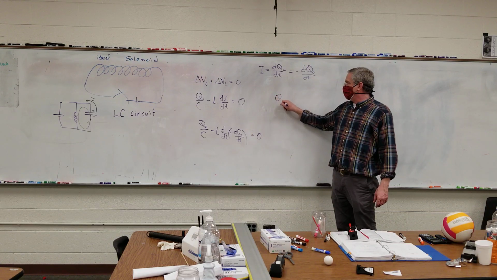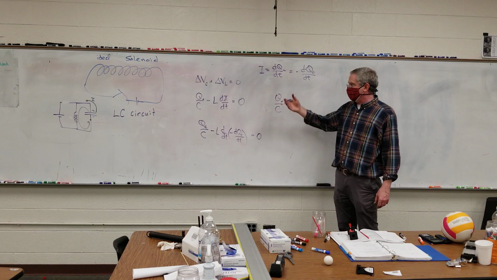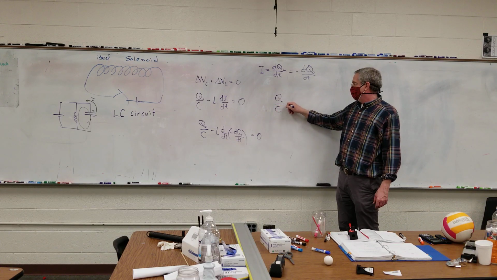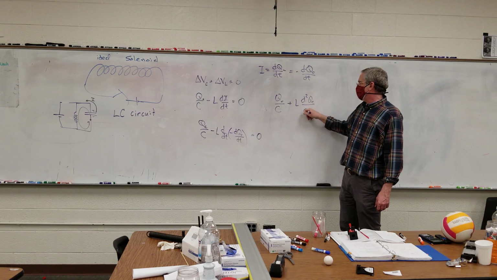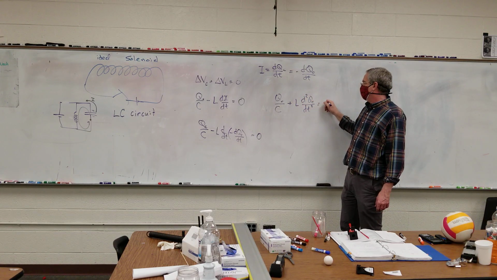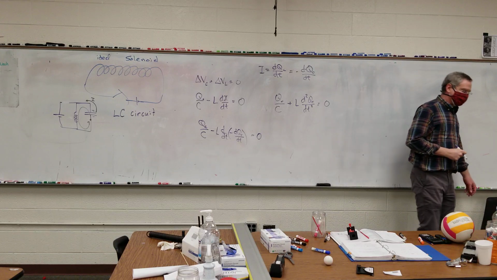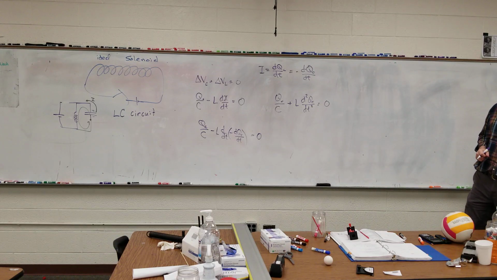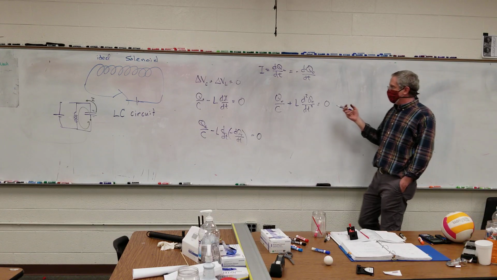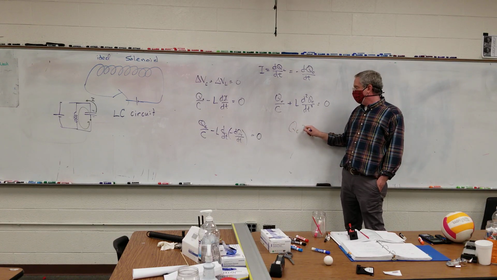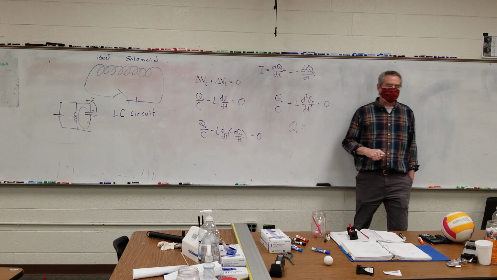And so I have this Q over C, divided by my capacitance, plus L d squared Q/dt squared is equal to 0. So I need some function for Q_C such that the second derivative is basically a negative of itself.